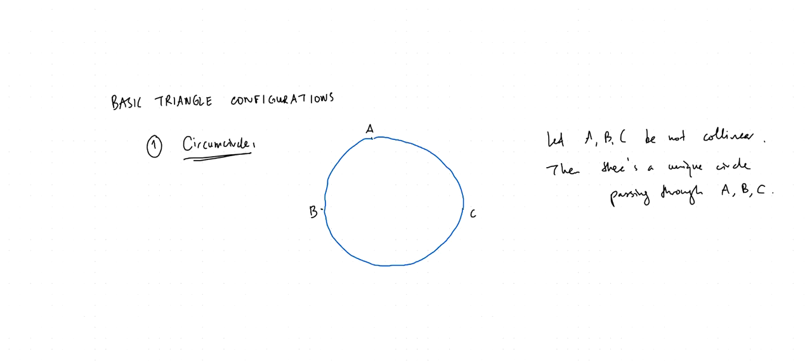What does it mean to have equal distance to A and B and to B and C, geometrically speaking? It means that the point is on the perpendicular bisectors of BC and AB. So the point has to be on the perpendicular bisectors of AB, BC, and AC.